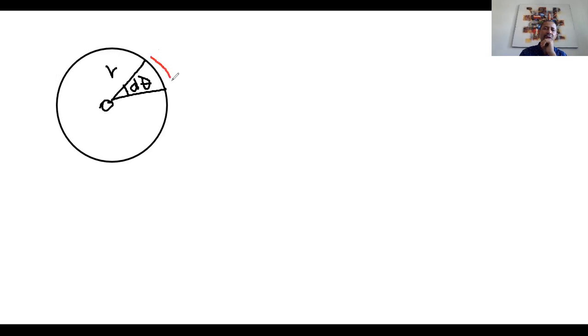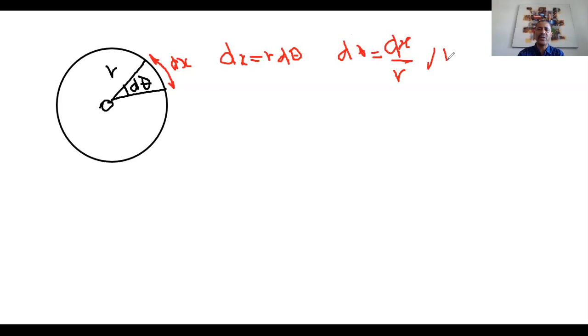So this is our X from 5 minutes ago. This is our dx. So dx is r d theta. So we can deduce that d theta is dx divided by r. That is our first equation.